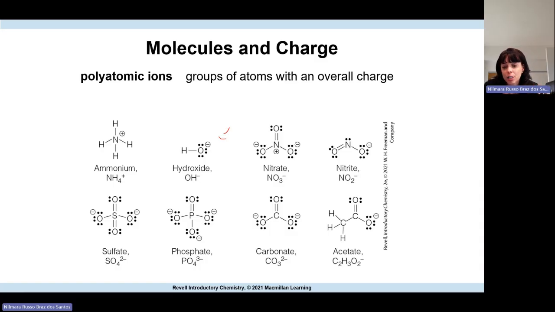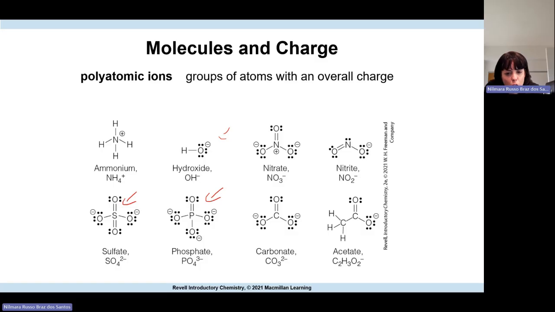Now that we have a better understanding of covalent bonding, let's look at the structure of 8 common polyatomic ions over here. Most of these ions follow the octet rule, but 2 ions, sulfate and phosphate, have expanded octets. So notice that each polyatomic ion has a charge, here just showing you the phosphate and sulfate.